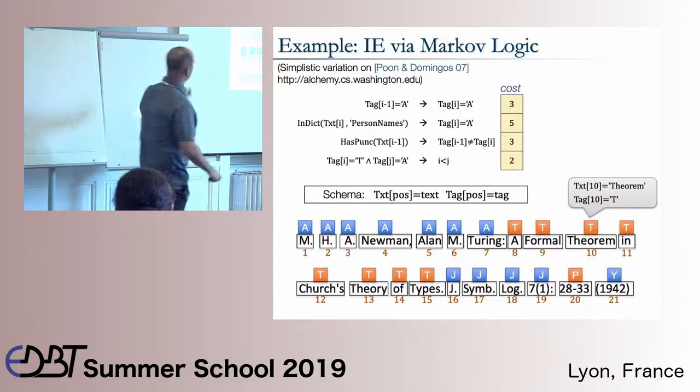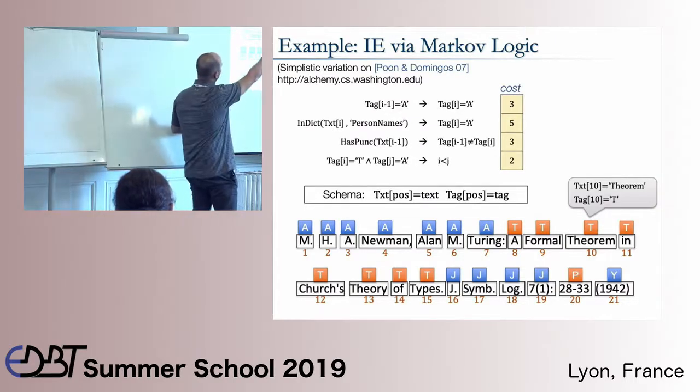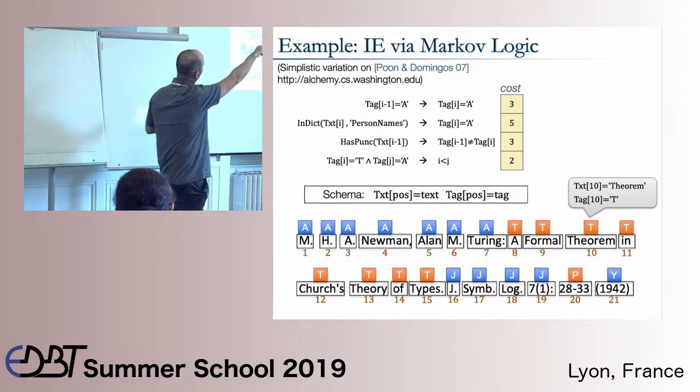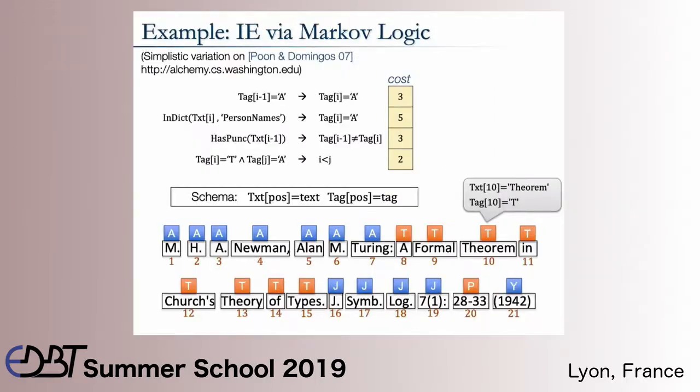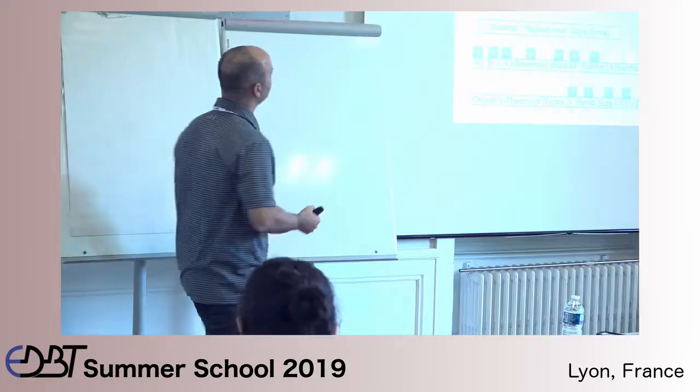Now you have these rules. A rule saying, well, if the tag at I minus 1 is a, then at I it should also be a, right? The following token should also be a. Well, obviously you don't want this rule to fire or to be true all the time, but it has some information about the correlation between the tags.